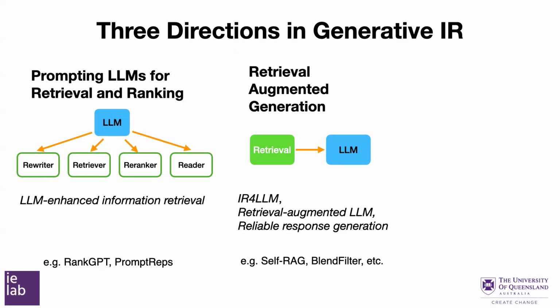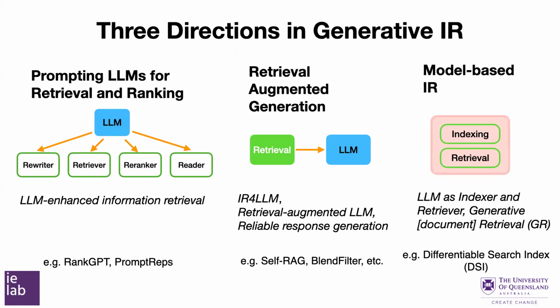Then we will talk about retrieval augmented generation, which Suzanne has already introduced. And then we will talk about model-based IR, so differentiable search index as an example, which Suzanne also mentioned at the end of her talk.